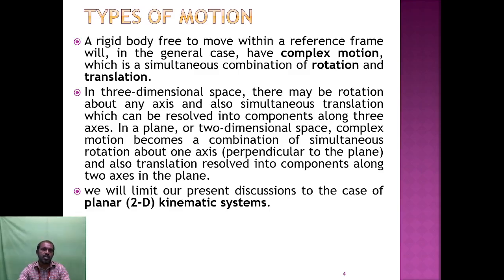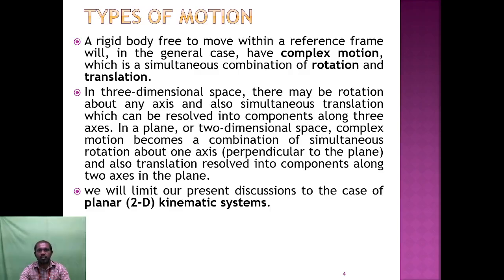The next one is types of motions. Mostly there are 3 types of motions in kinematic machinery. The first one is translation motion, the second is rotation, and the third one is complex motion, the combination of translation and rotation motions. In translation, an object moves along x, y and z.